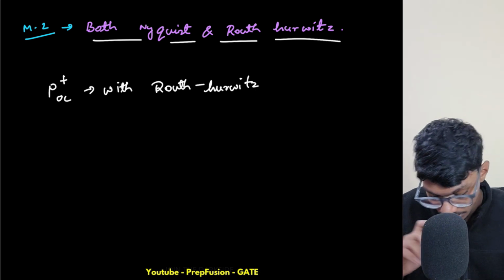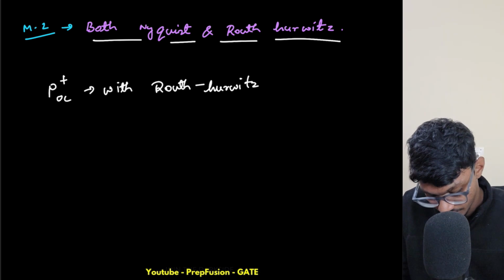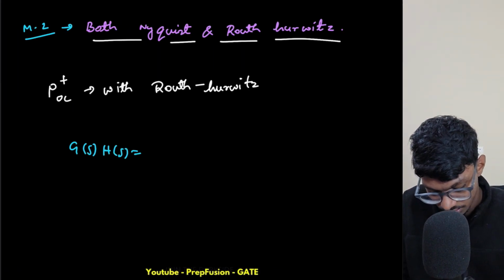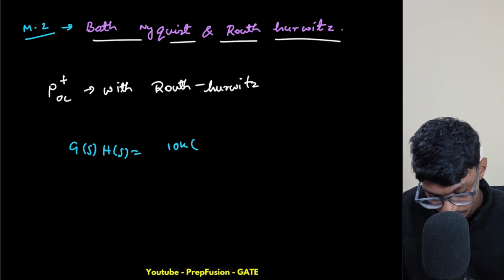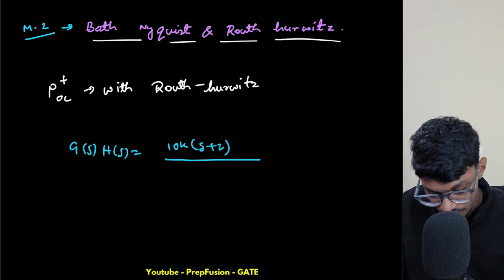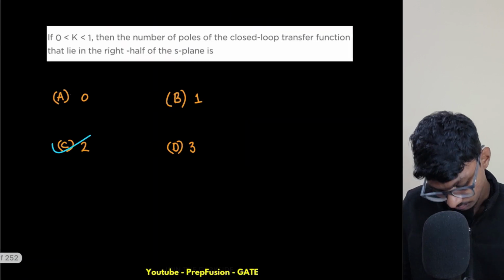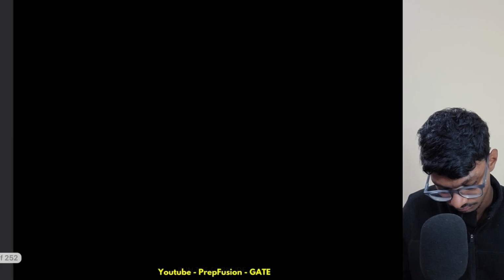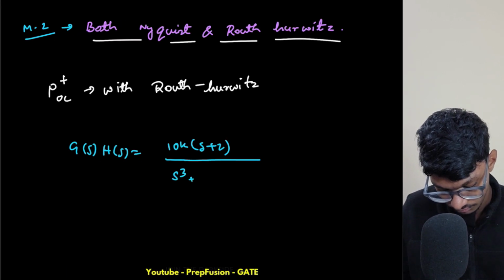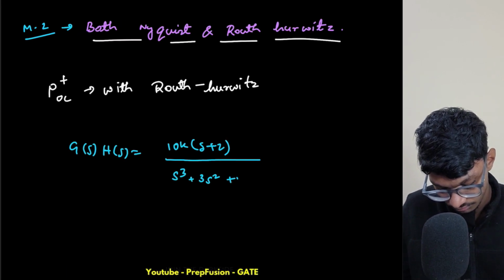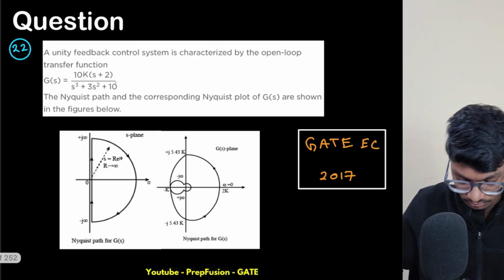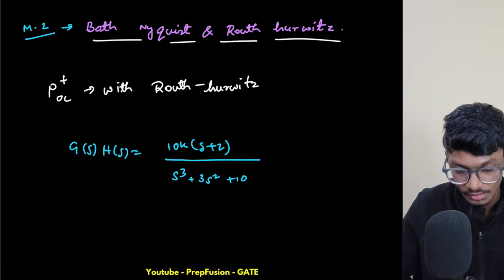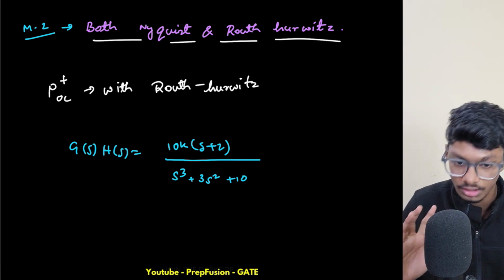How to do that? I will write G of S H of S equals to 10k (s plus 2) over s cube plus 3s square plus 10. Now what we do?